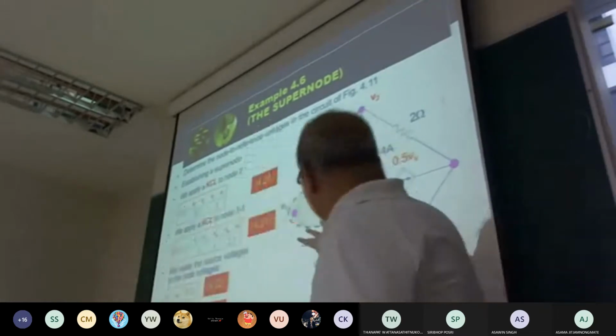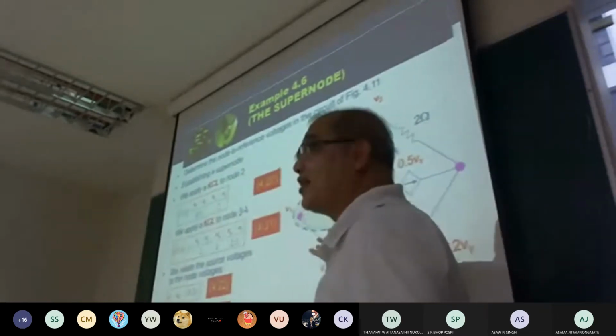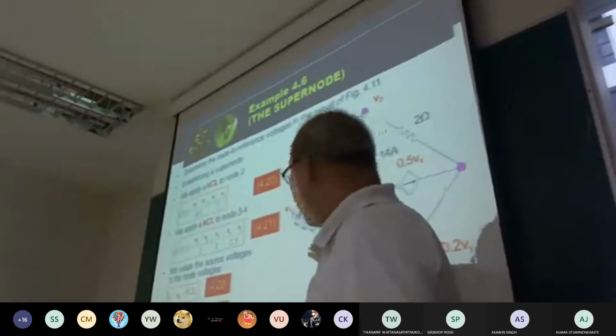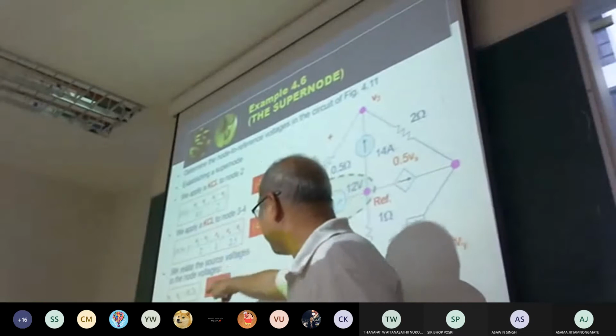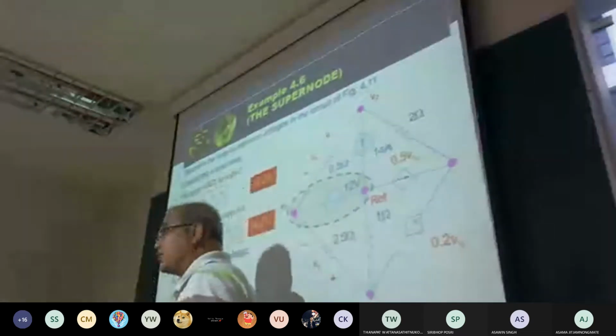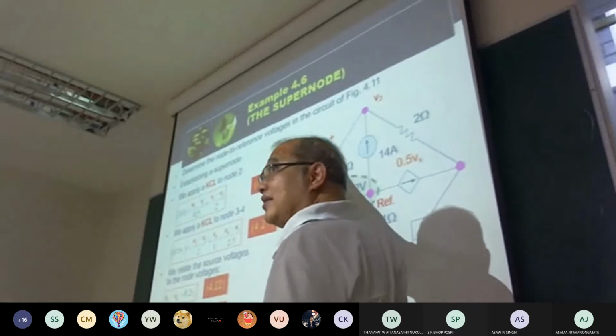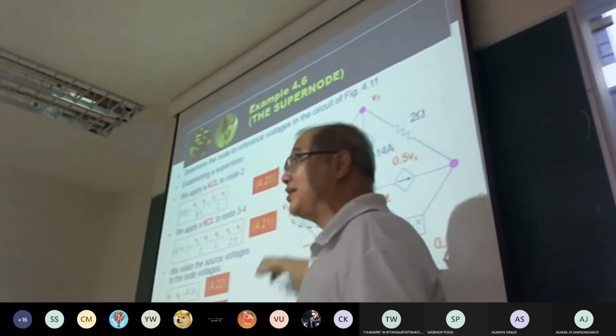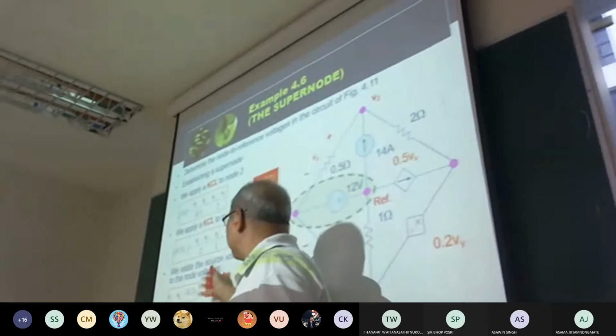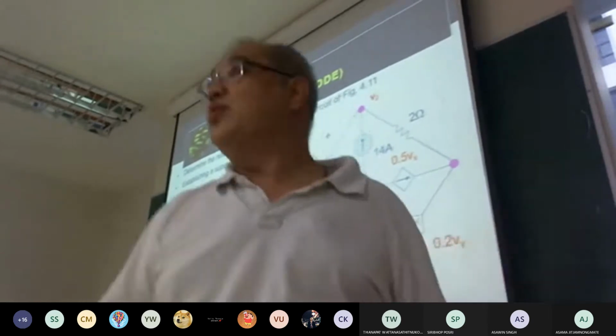Vy is in this location, Vy equals V4 minus V1. Vx is here, Vx equals V2 minus V1. You reorganize the equation, replacing Vy and Vx by V1 to V4.